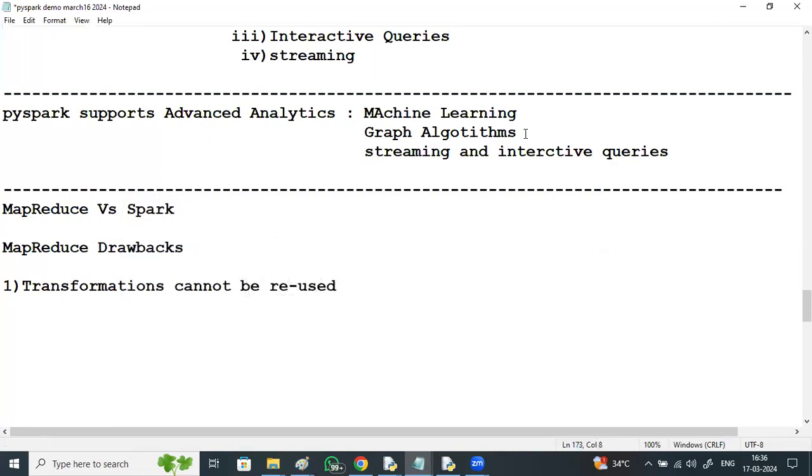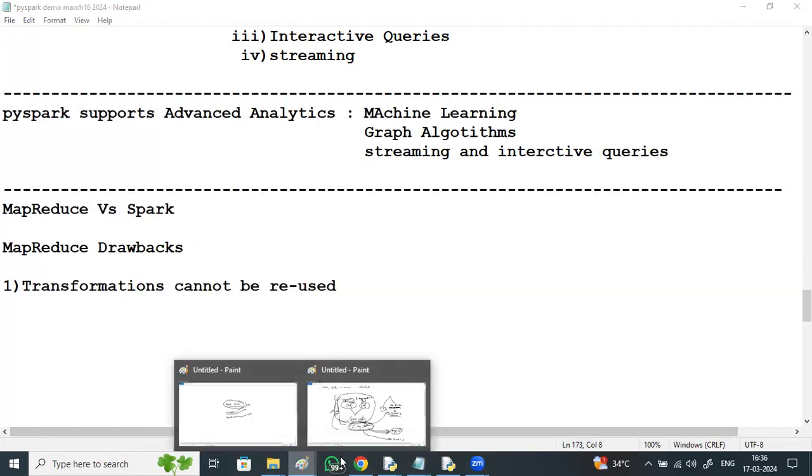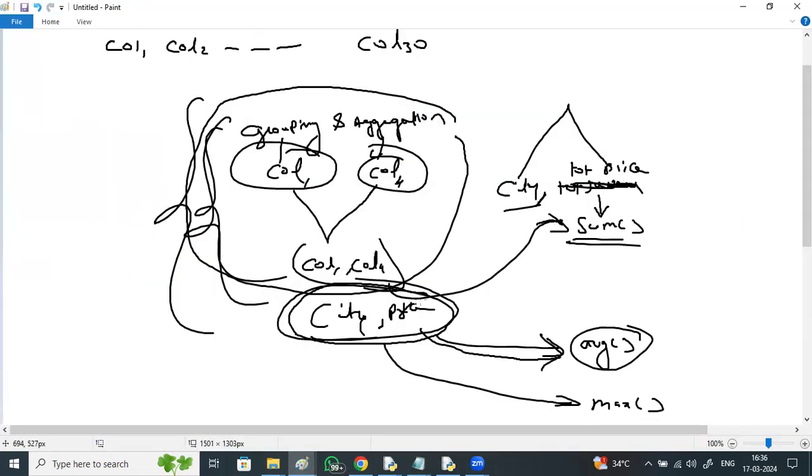We have a mapper task and a reducer task. In MapReduce, the mapper task extracts these columns and the reducer task performs the aggregation. The mapper task output you cannot reuse for tomorrow.